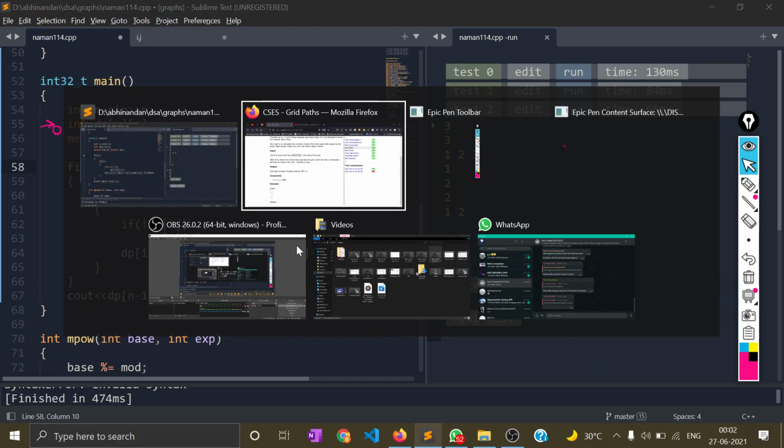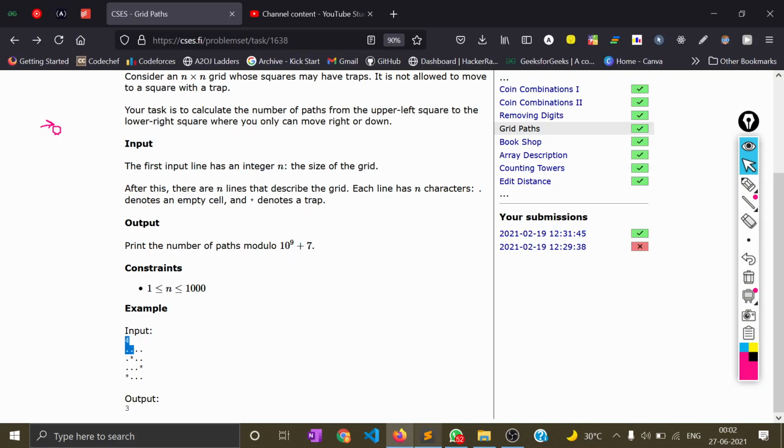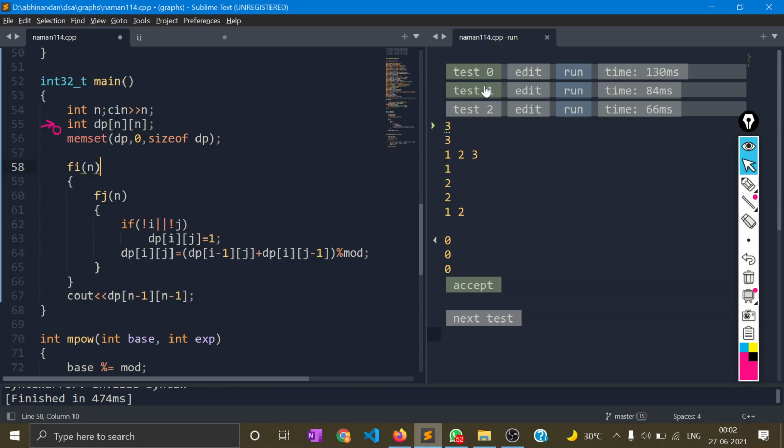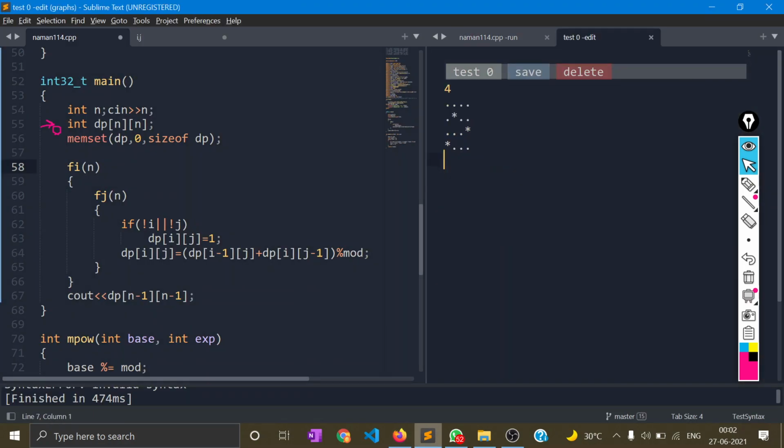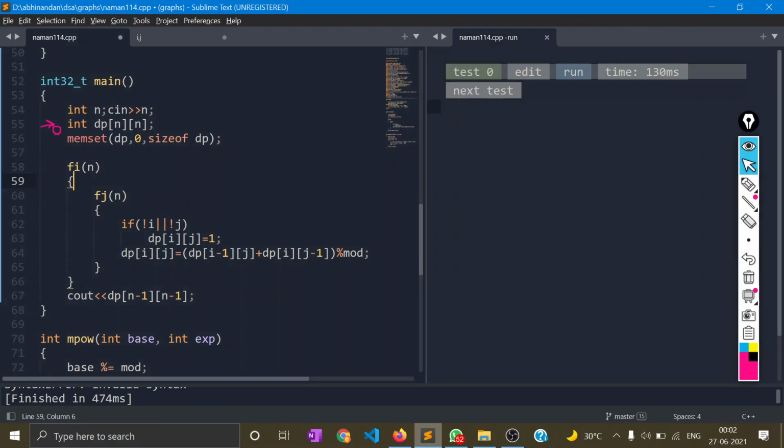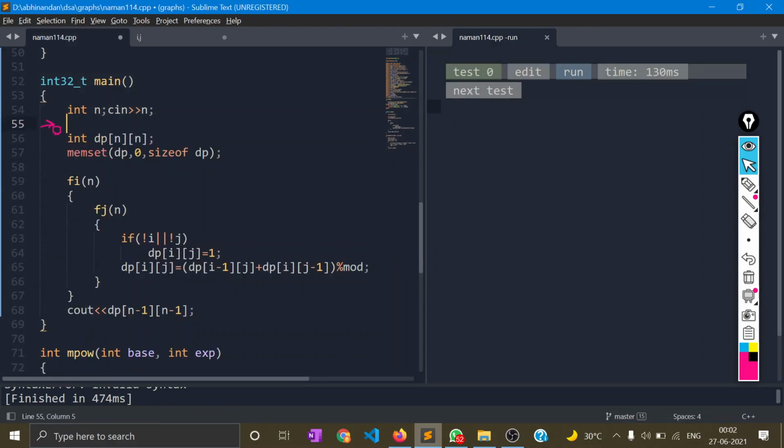I think we are done here. Let's see if it works for this. Oh, I forgot that. So just a minute. I forgot a simple thing here: it is a character array.